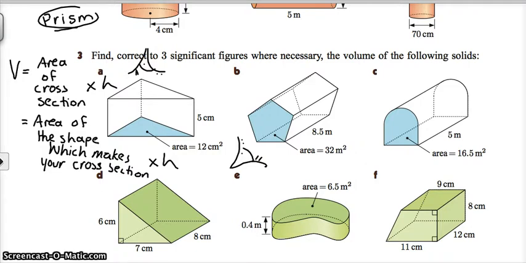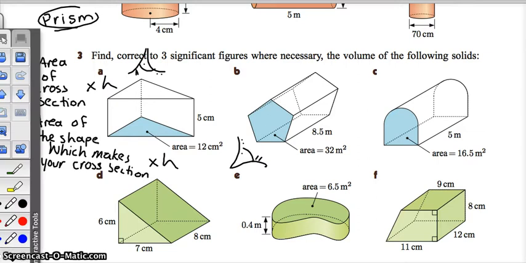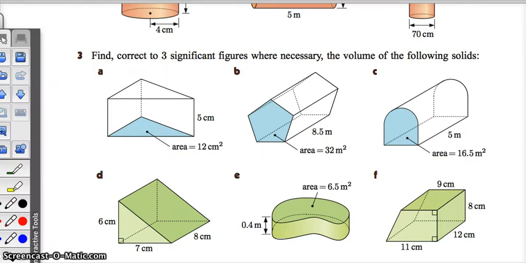So what we do therefore is find the area of the shape which is your cross section. On this occasion, the area of your shape is a triangle. On this occasion, it's a pentagon. We'll come back to these questions, but I just want to look up a little bit further.